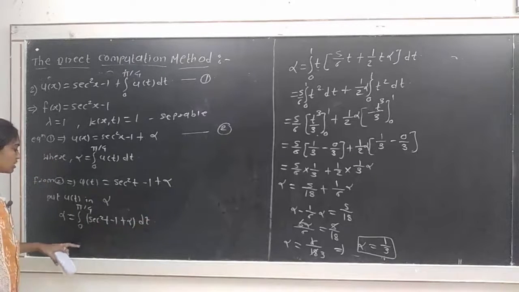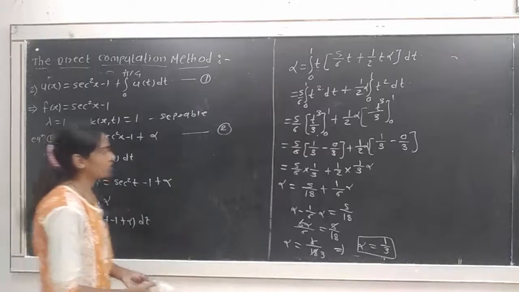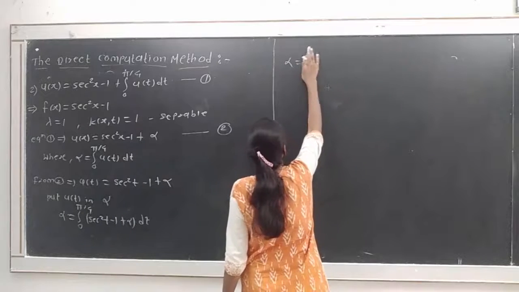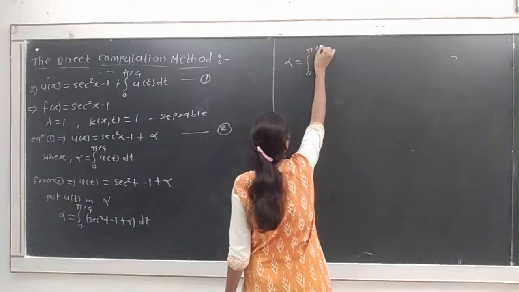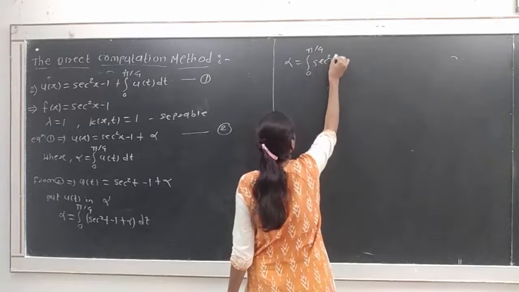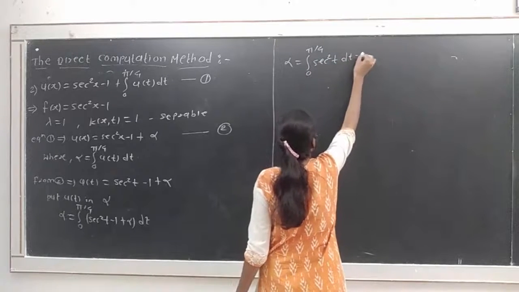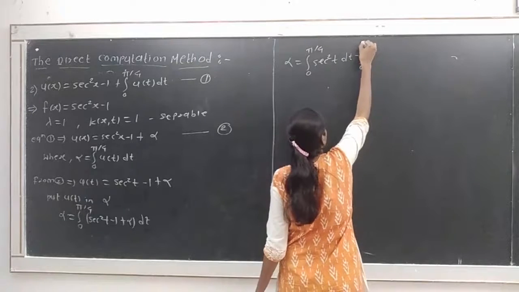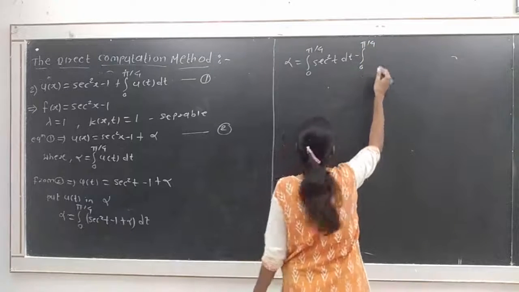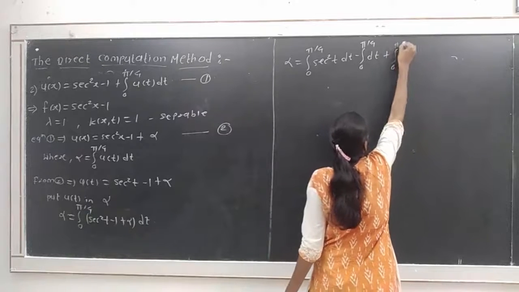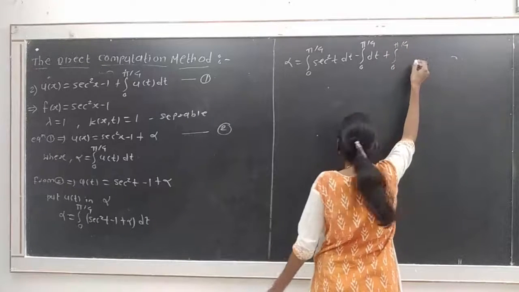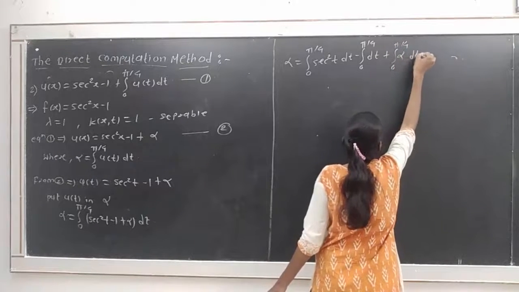When we solve this integration, here alpha is equal to, we separate this integration 0 to pi by 4 sec square t dt minus integration from 0 to pi by 4 dt plus integration from 0 to pi by 4 alpha into dt.